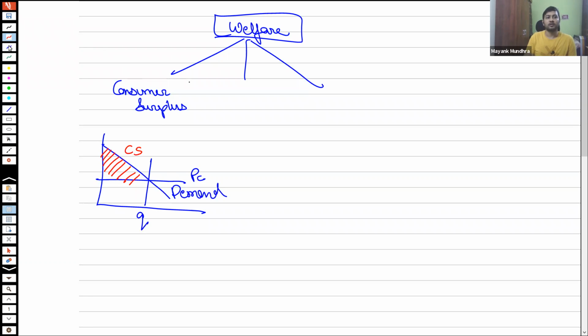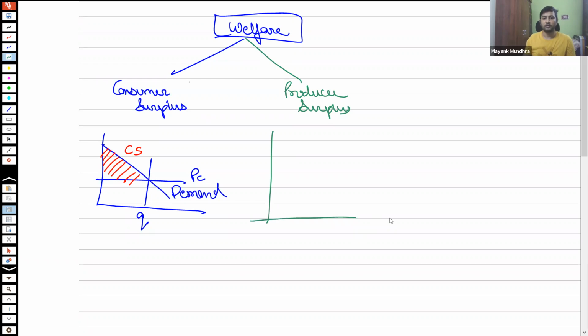Then we had producer surplus. If I want to calculate the producer surplus, then if this is the quantity and this is the marginal cost curve, which looks like this. Let's say this is my marginal cost curve.